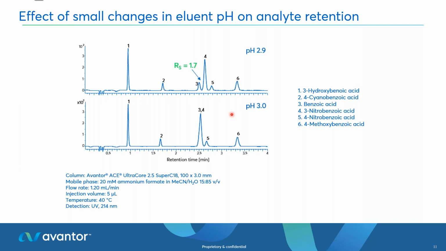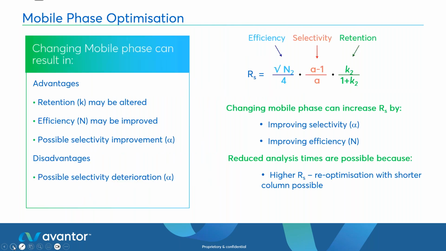This is looking at benzoic acids, and the difference of 0.1 pH unit has completely changed the resolution of this critical pair here that was nicely baseline resolved at 1.7 at pH 2.9, but is co-eluting by just shifting that 0.1 pH unit. So make sure that you do explore that pH space during your method development.